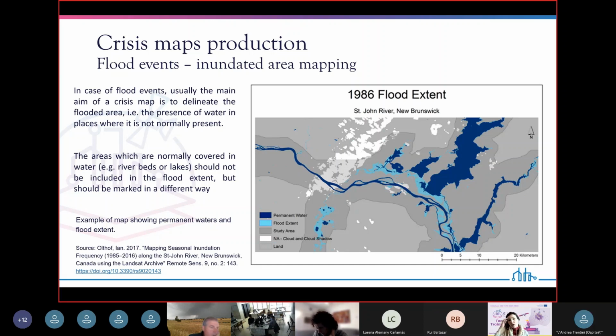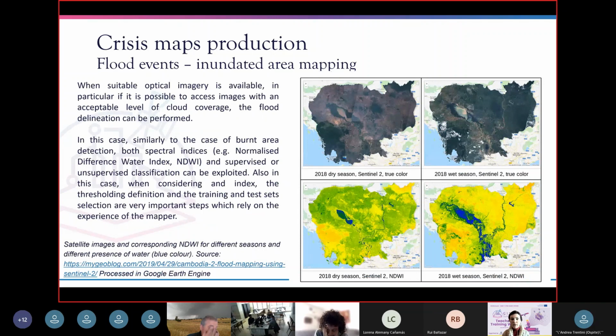We are going to talk in this presentation only about flood mapping taking advantage of optical imagery, with the limitations that we have just discussed.